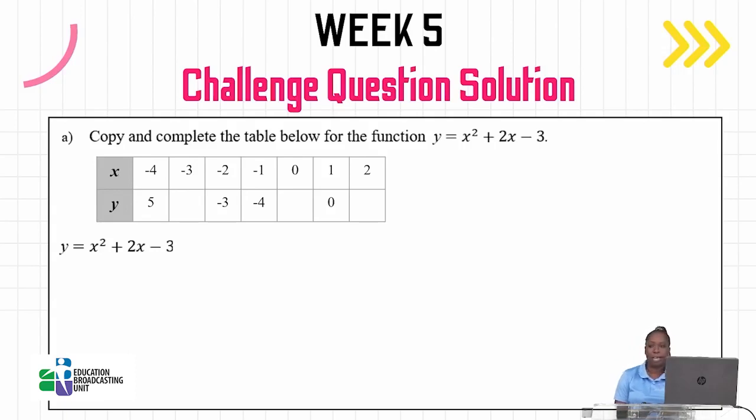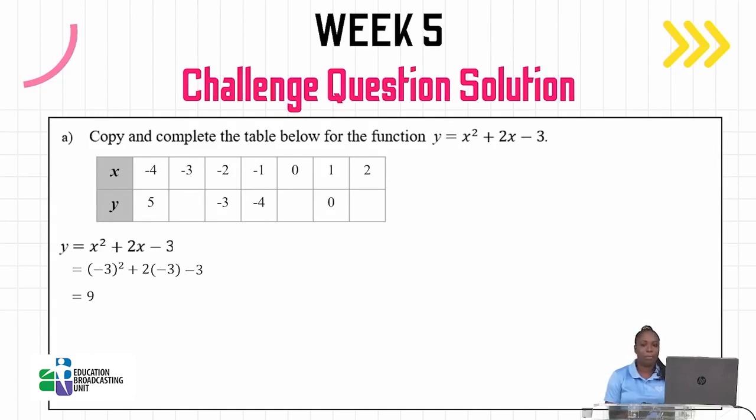So we're going to have y equals -3 to the power of 2, or -3 squared, plus 2 times -3 minus 3. We're going to take it in portions, and so -3 squared is the same as -3 times -3, and that equals 9. Then we have plus 2 times -3.